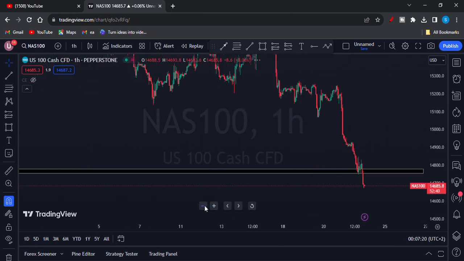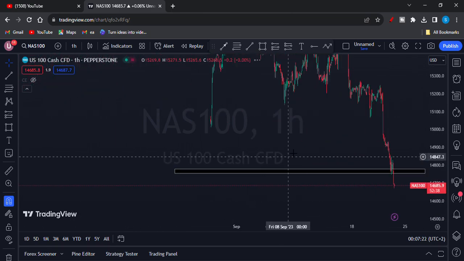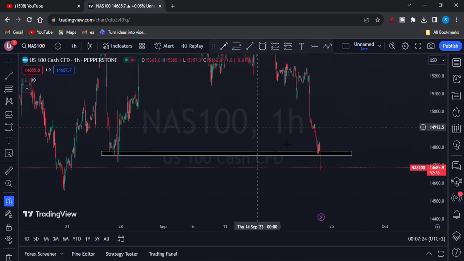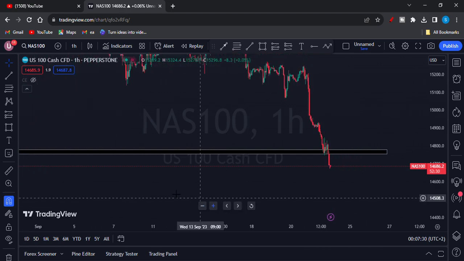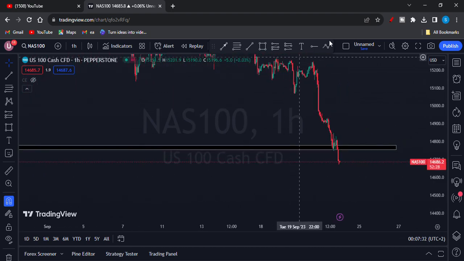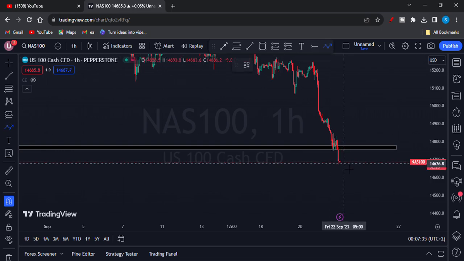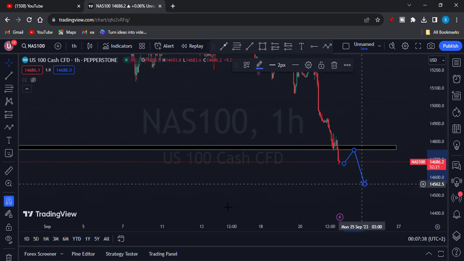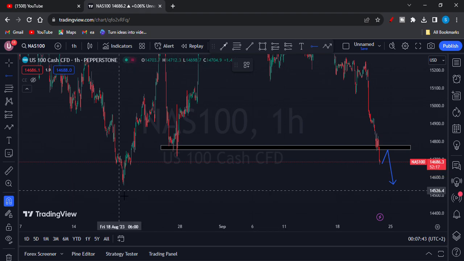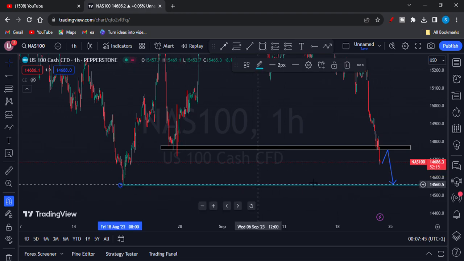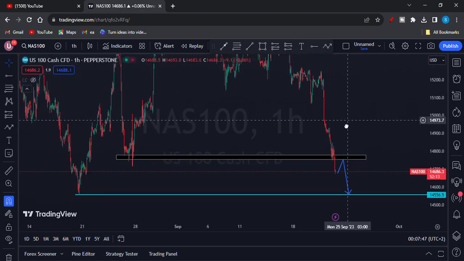And then let me do this. Okay, so what I'm going to look out for is a retest around these areas and then continue to sell, potentially up to here. Okay, so that's my analysis for Nasdaq.